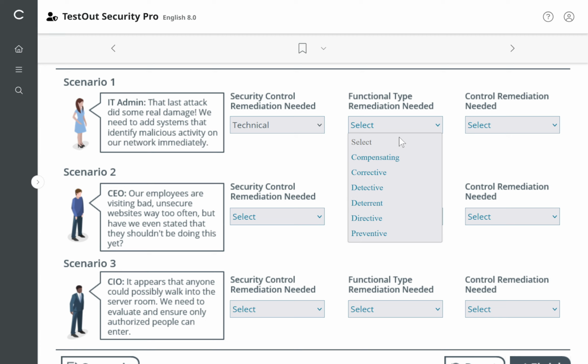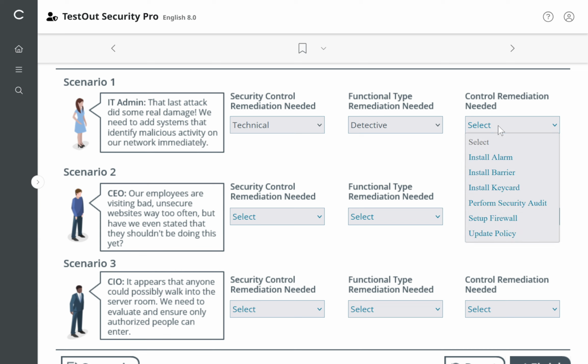So preventive before a breach, detective during a breach, and then corrective after a breach. Okay. So their main objective is to identify malicious activity on their network immediately. So if they want to identify malicious activity, this means that we can implement detective controls.